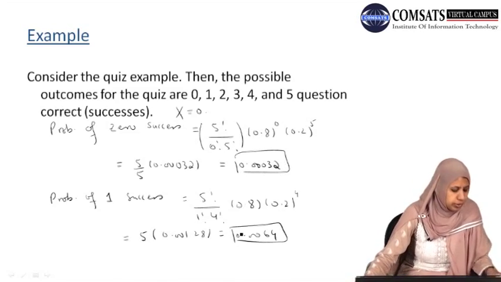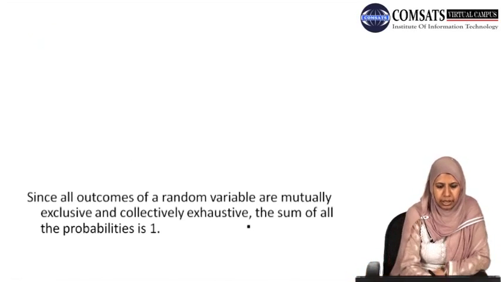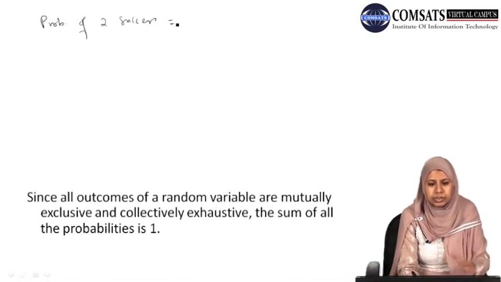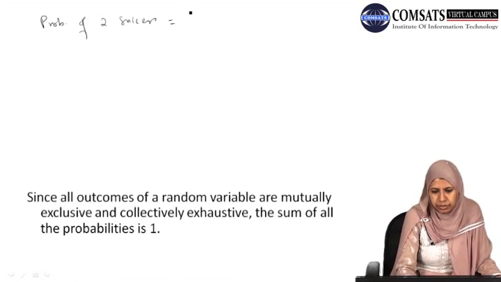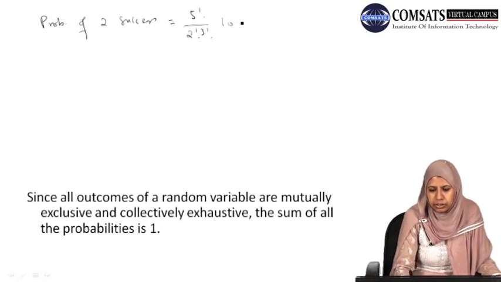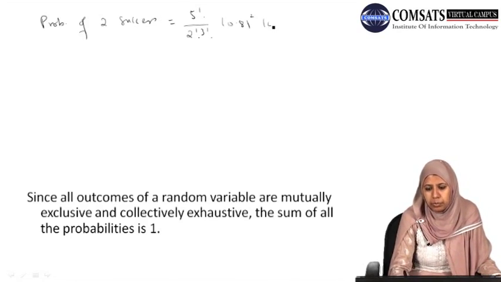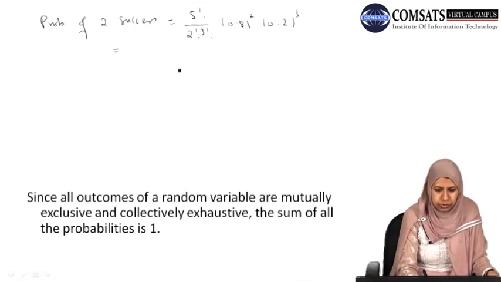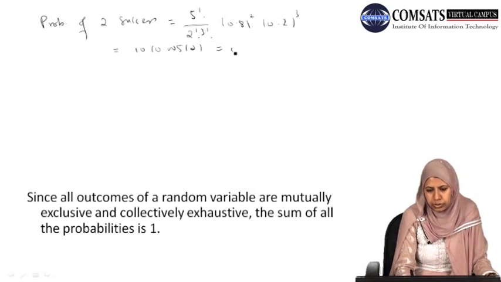Now the probability of 2 successes, that is a student has answered 2 questions correctly out of 5, is 5 factorial divided by 2 factorial into 3 factorial, into 0.8 to the power 2 and 0.2 to the power 3, which is equal to 10 into 0.00512, which is equal to 0.0512.